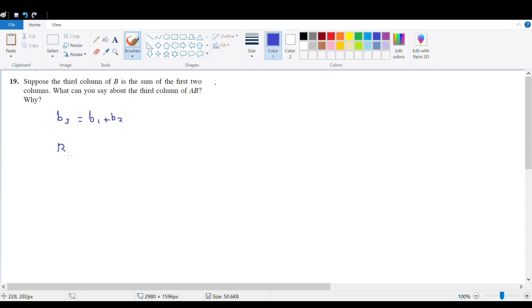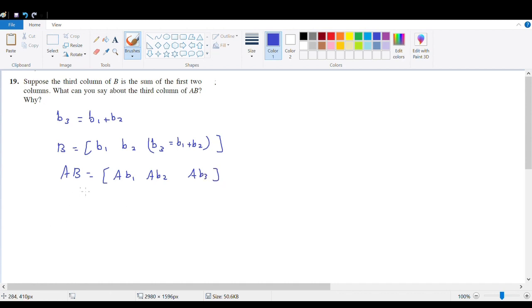If we have B equal to [b1, b2, b3], where b3 equals b1 plus b2, then AB is equal to [Ab1, Ab2, Ab3].